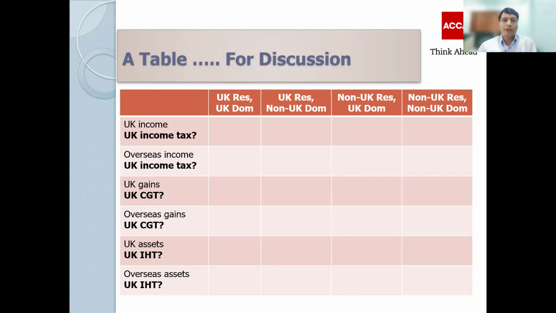Again, the income tax principle lies on residency, not on domicile. What that meant is, if someone is non-UK domicile or UK domicile, but has not been residing in the UK, then obviously the overseas income will not be liable to UK income tax.